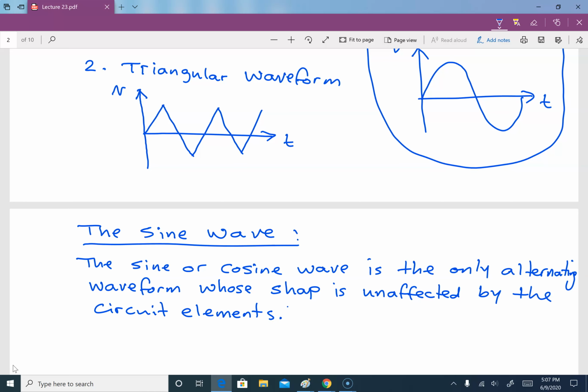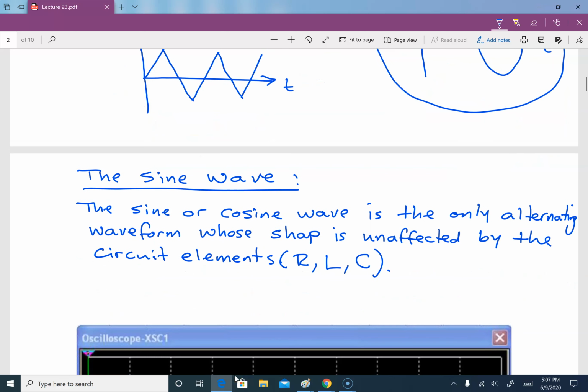And what we mean by circuit elements are resistance, inductance, and capacitance. If I have a circuit over here, and these are the elements, and I have as an input a sinusoidal waveform, we are going to get also a sinusoidal waveform.